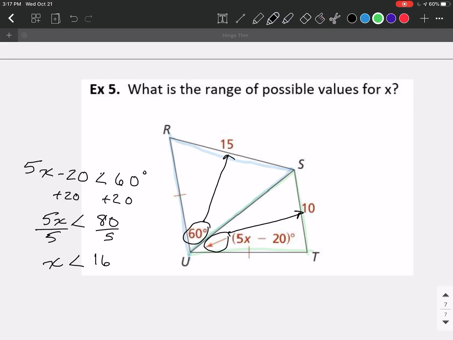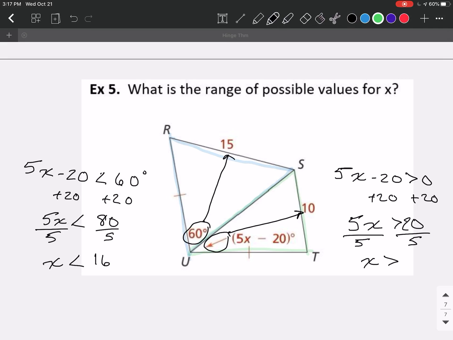Well, I can't have an angle that is 0. So I also need to solve for 5x minus 20 being greater than 0. So we add 20. So we have 5x is greater than 20. Divide by 5.